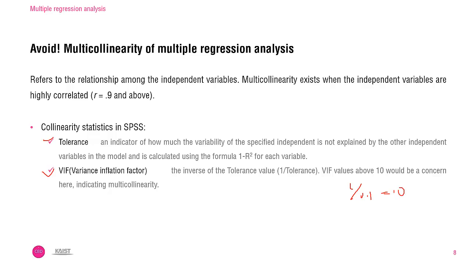So above 10 would be a concern here, indicating multicollinearity. So tolerance should be larger than 0.1. VIF should be smaller than 10. I think you understand the relationship between these two.